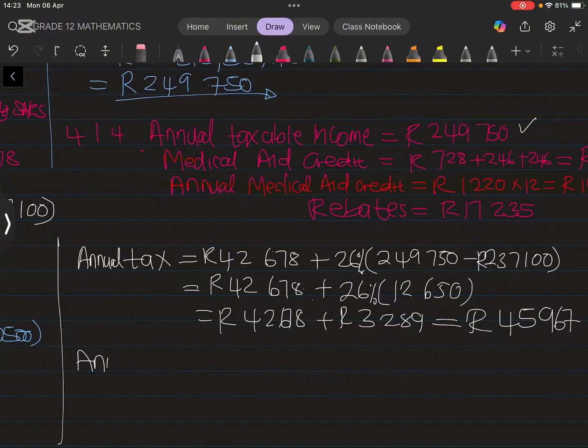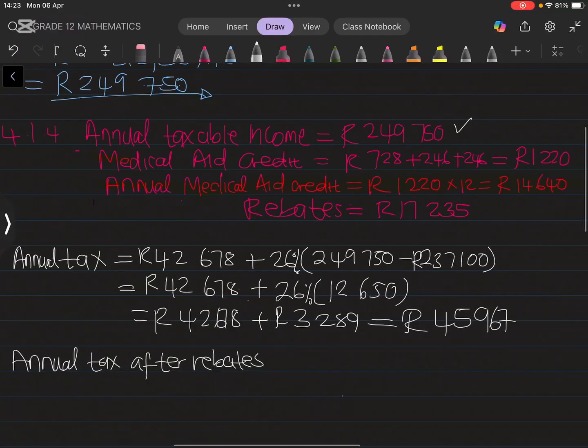And then let's have annual tax after rebates. Annual tax after rebates will be equal to 45,967.